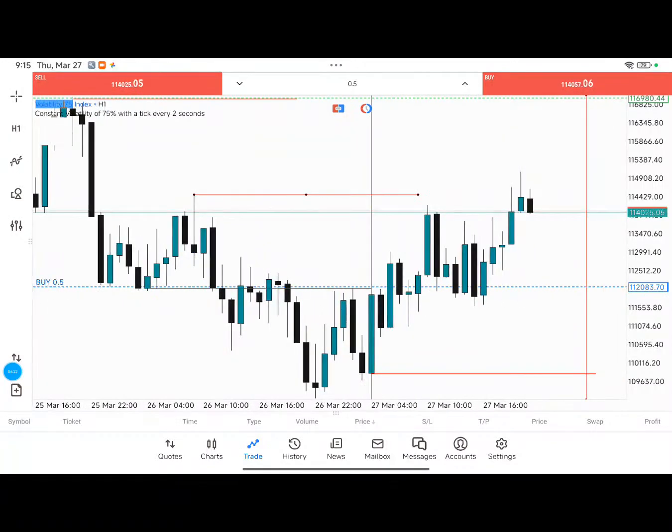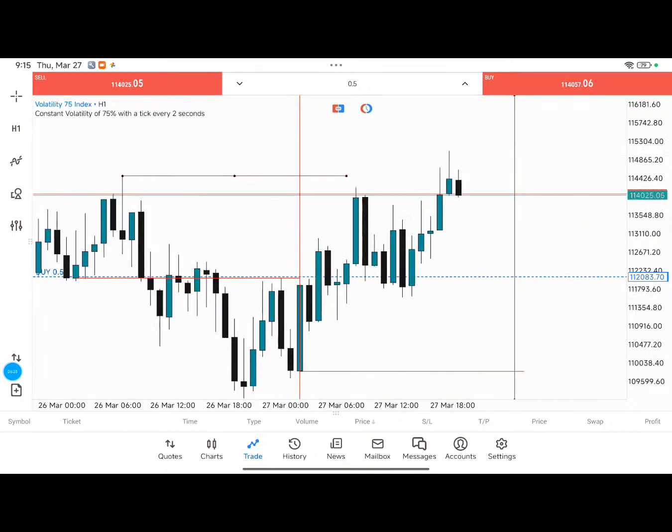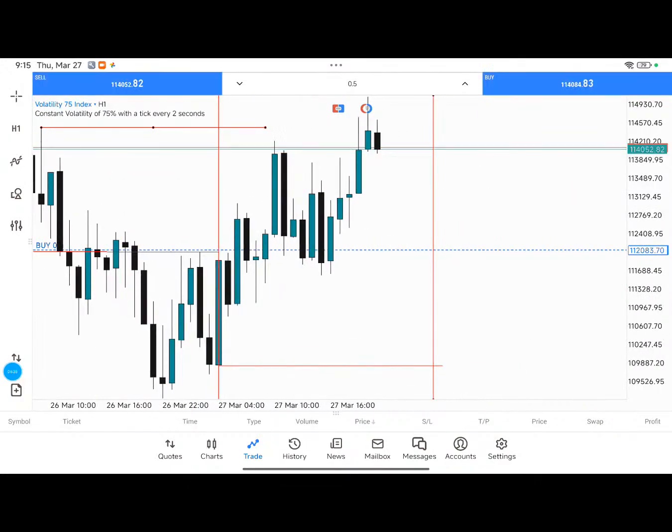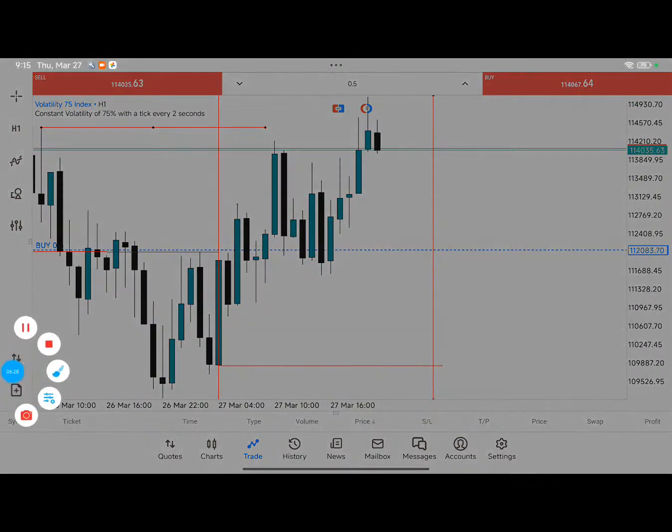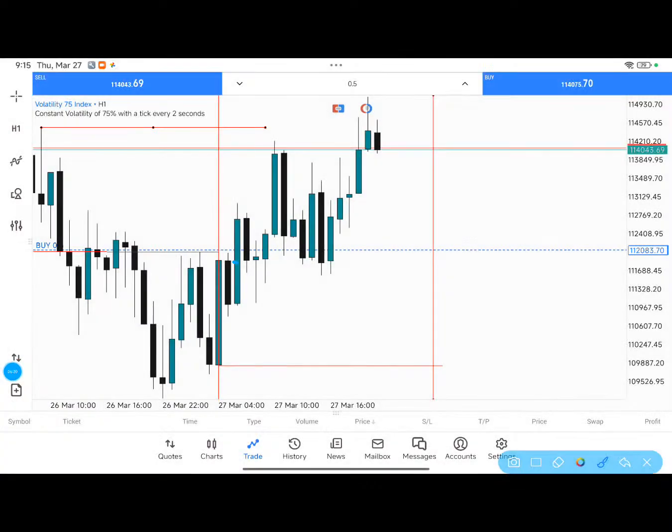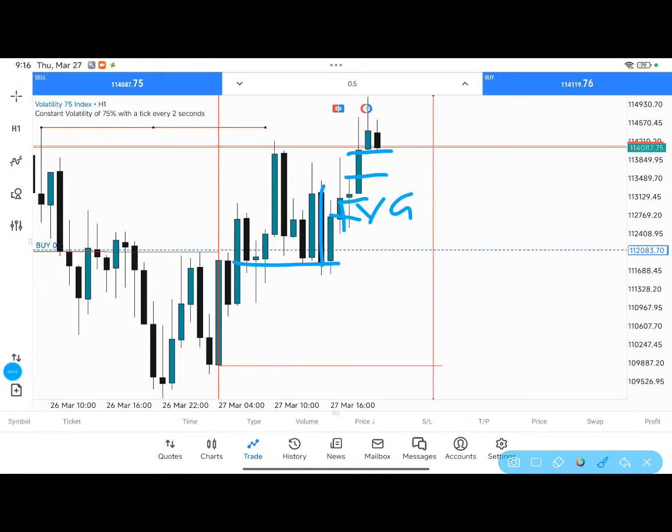Clearly, if we are going to say that we have considered that price used this particular candle in here as an order block and rallied up higher, now you could see that price is retracing into this fair value gap right in here. This is the FVG. Price is retracing into this fair value gap, and what are we expecting?